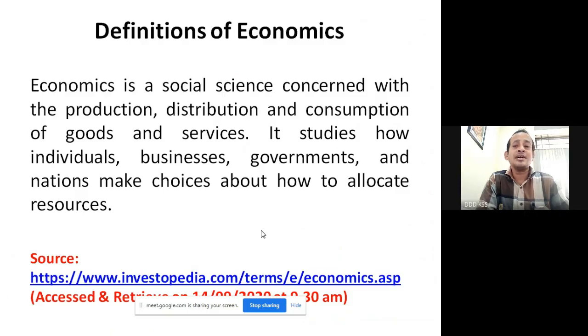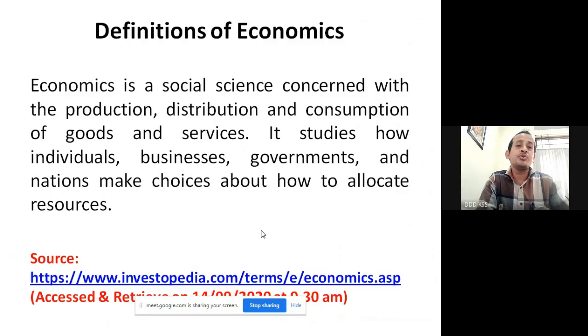Moreover, the basic human activities of trying to satisfy material needs are called economic activity. All human activity directed to production, consumption, and distribution of goods and services is basically the subject matter of economics.